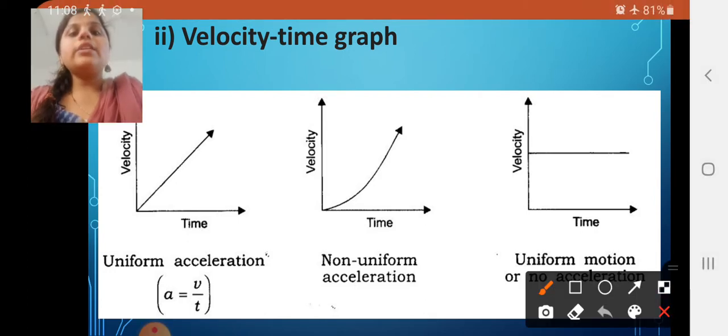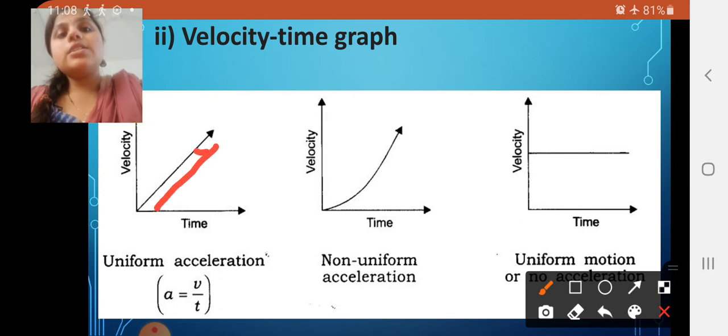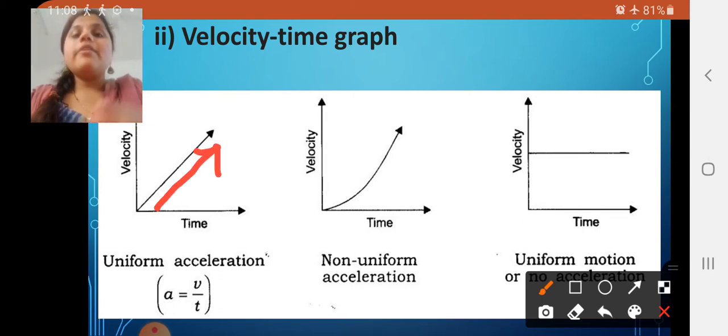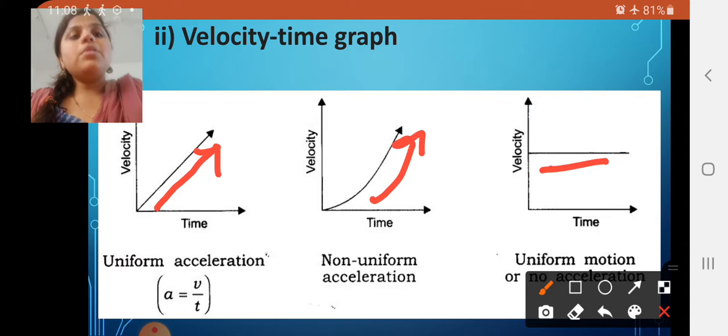Similarly, when the acceleration is uniform, the velocity time graph is always a straight line. When the acceleration is non-uniform, it is in a curve form. When the velocity is at rest, it stays the same at equal intervals of time.